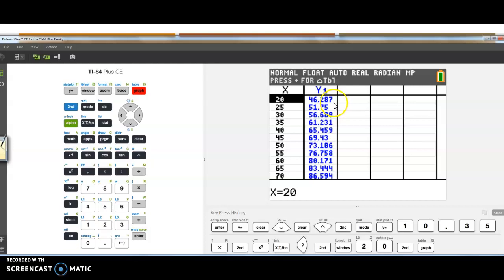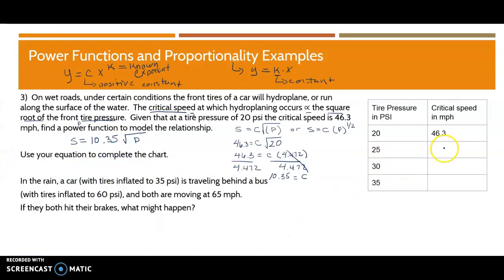So 20, we had that 46.3 that was given, and then we have 51.75, 56.69, and 61.23 as our different critical speeds. So let's go write them in our chart. So for 25, we had 51.75, 30, we had 56.69, and 35, we had 61.23.